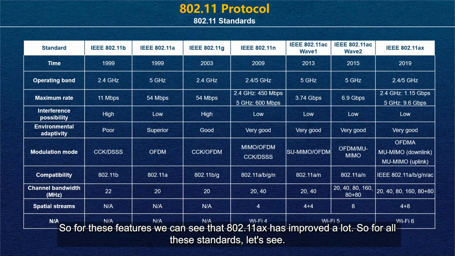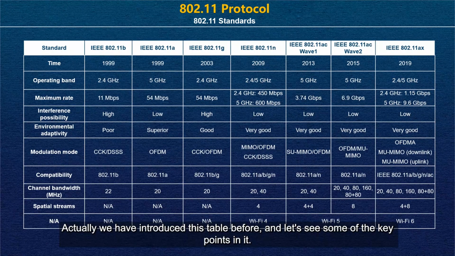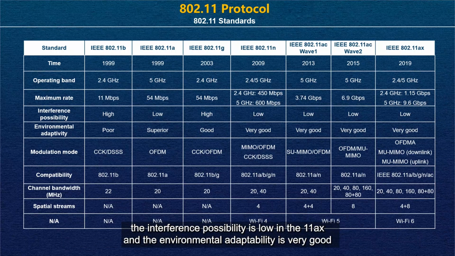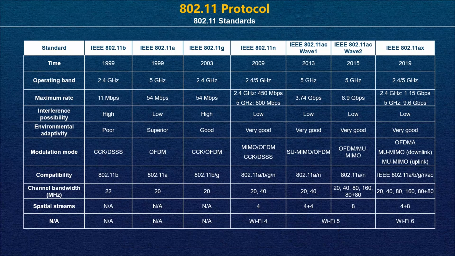Okay, so for all these standards, let's see. Actually, we have introduced this table before, and let's see some of the key points in it. For example, the maximum rate nowadays is up to 9.6 Gbps in 802.11ax, right? And the interference possibility is low in .11ax. And the environmental adaptivity is very good.